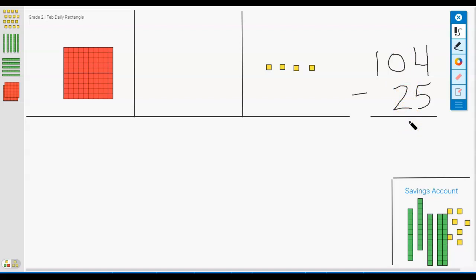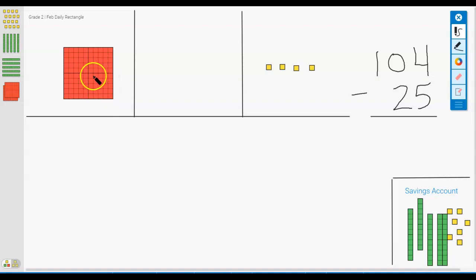Before we solve our equation, what do you think we could do to our hundreds piece to make it easier to solve this equation? Now show a connection if you're thinking about that long word, decompose, or take apart. We need to take apart our hundreds piece.